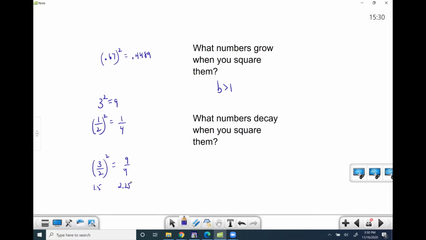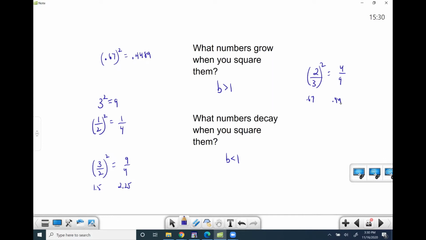So it's not all fractions that shrink, but you nailed it. It's ones that are less than 1. So I don't want the top to be bigger than the bottom, you guys. I want the bottom to be bigger than the top. So something like 2/3, that should work. 2/3 is 0.67-ish. When you square it, it becomes 4/9. It should be smaller. Let me see what my calculator says for 4 divided by 9. It's giving me 0.44, so it did shrink.